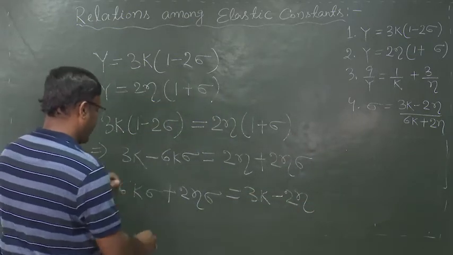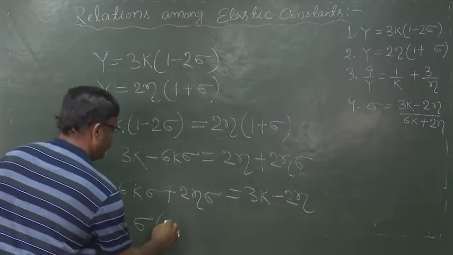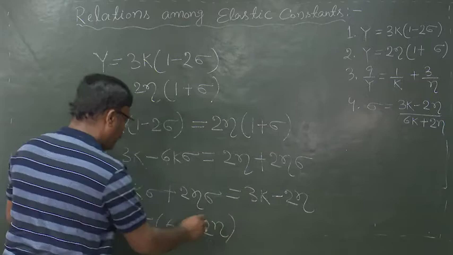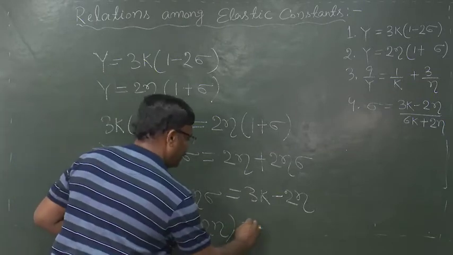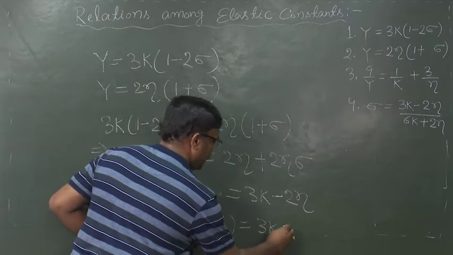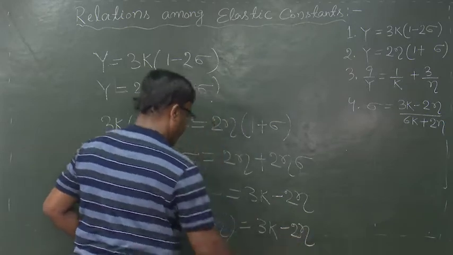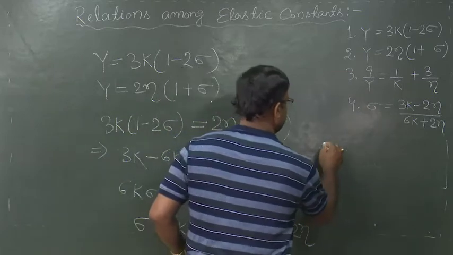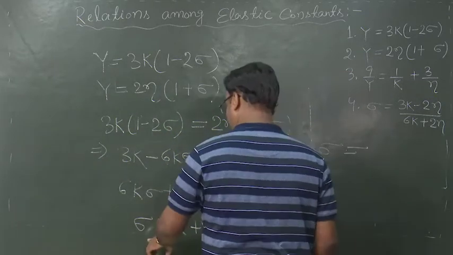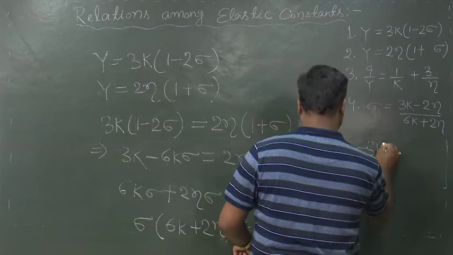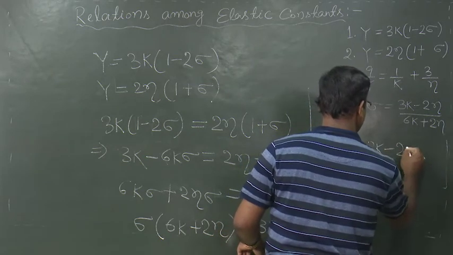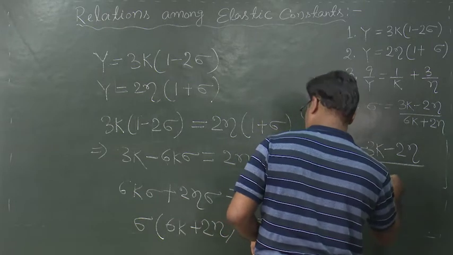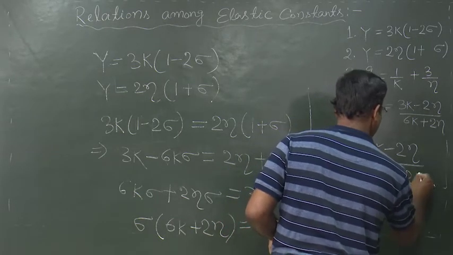Now taking sigma as common, we can write (6K plus 2 eta) into sigma is equal to 3K minus 2 eta. Now from this relation we can write sigma equal to (3K minus 2 eta) divided by (6K plus 2 eta).